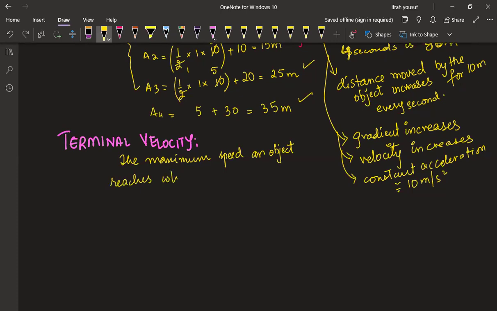And when does it reach the maximum speed? When moving through a fluid, right? Okay, fluid, air and liquids, both are fluids.